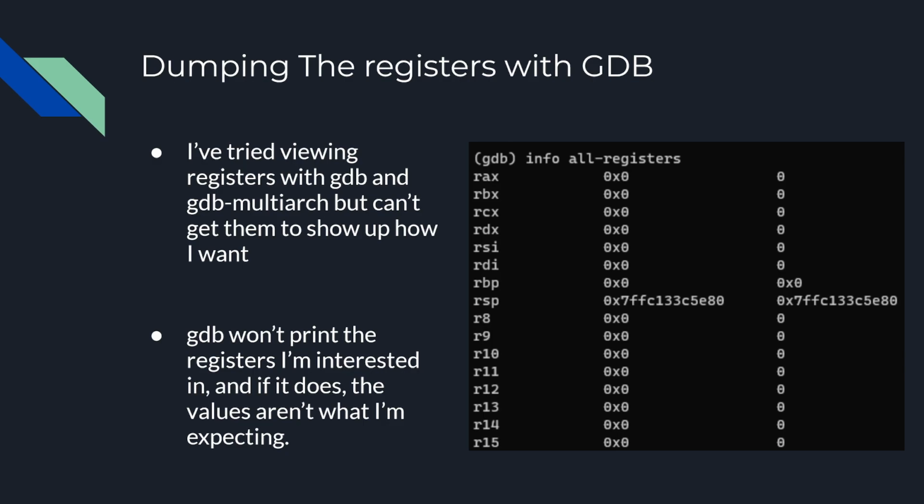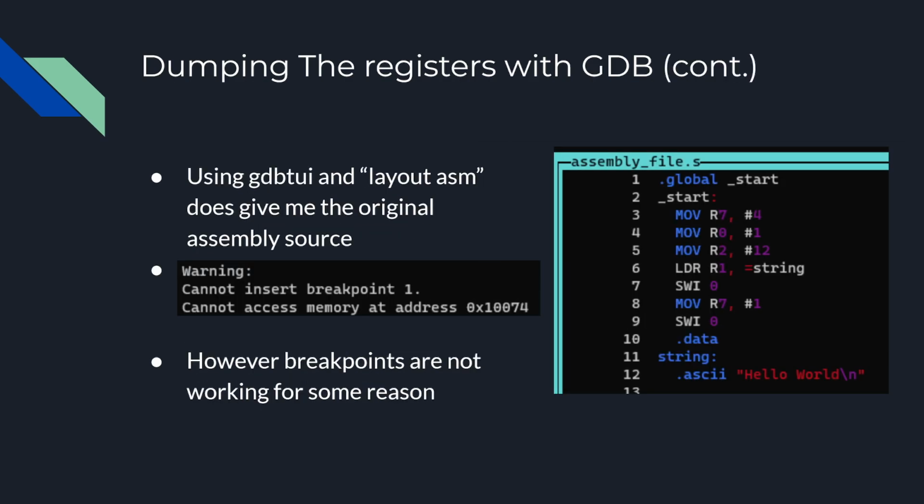And it's all zeros, except for RSP, but that's just a pointer. These aren't even starting from register 8, and I was trying to store a value in register 0, so I don't know how to see that register 0. So the values are not what I'm expecting.